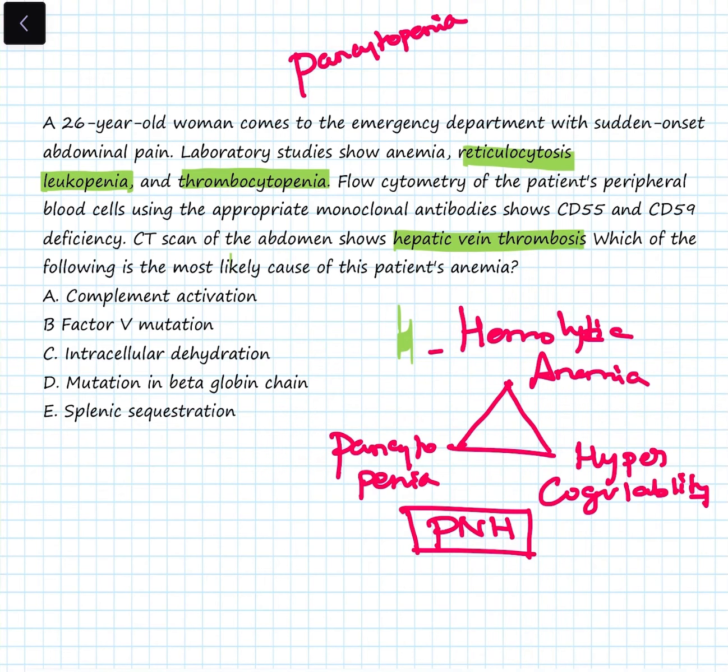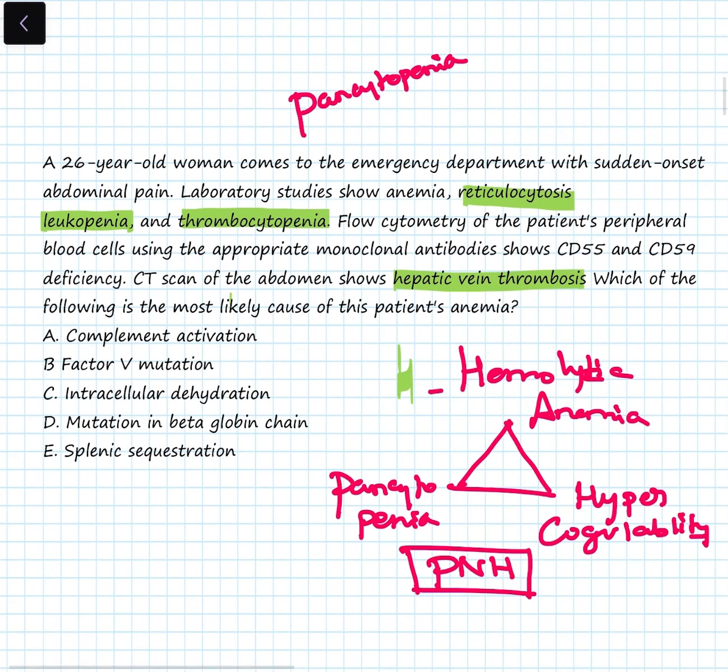We'll start with choice E. The splenic sequestration can be seen in any anemia, but it is the most common complication seen with sickle cell patients, not likely with PNH.